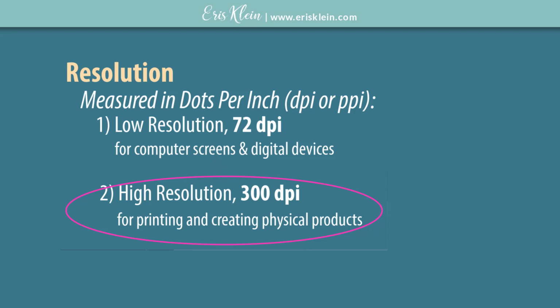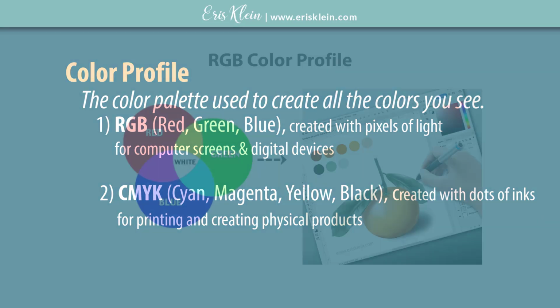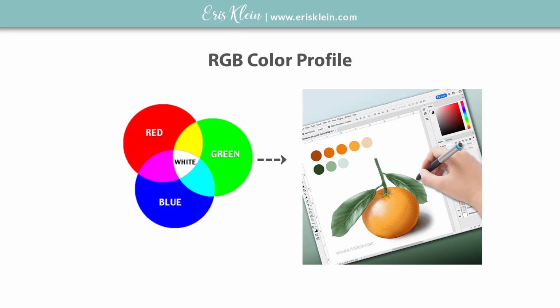And then next, number three is color profile. Now, computer screens use a color profile called RGB. That stands for red, green, and blue. Everything that you see on a computer screen, believe it or not, is only made up of 3 colors and combinations of those colors. And it's created with light. So it's created with red light, green light, and blue light.